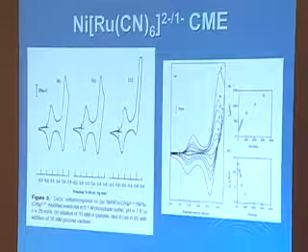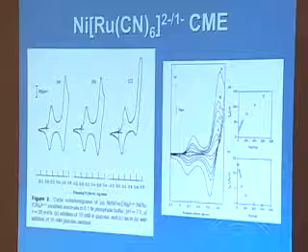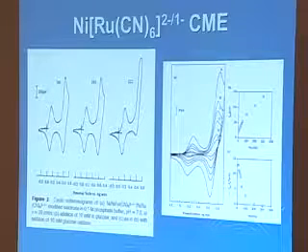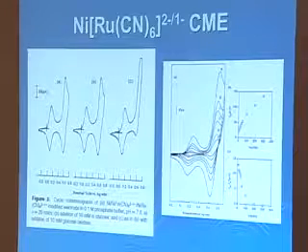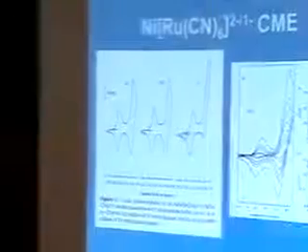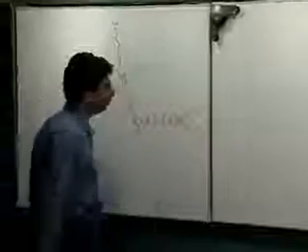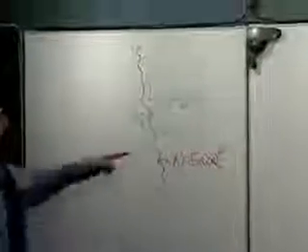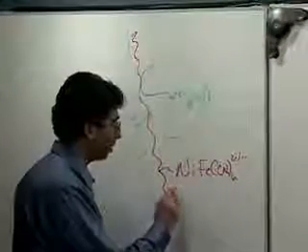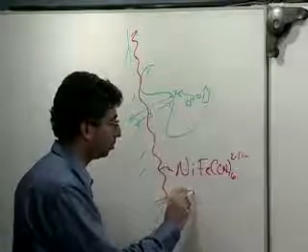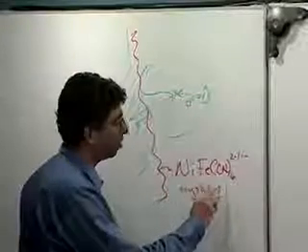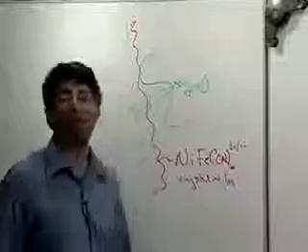And why is that? Well, we're putting this microcrystalline layer of nickel ferricyanide on here. Although it's microcrystalline, the crystallite sizes are still on the order of, say, 1 micron.